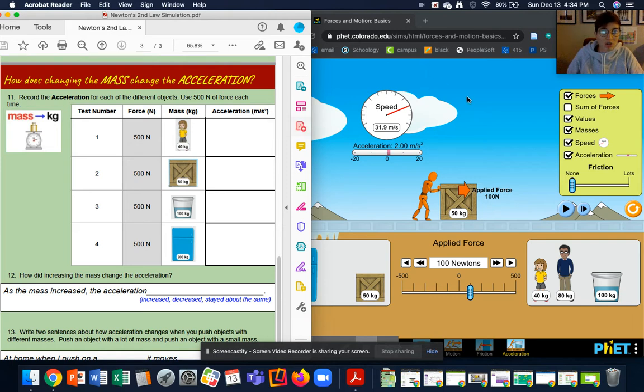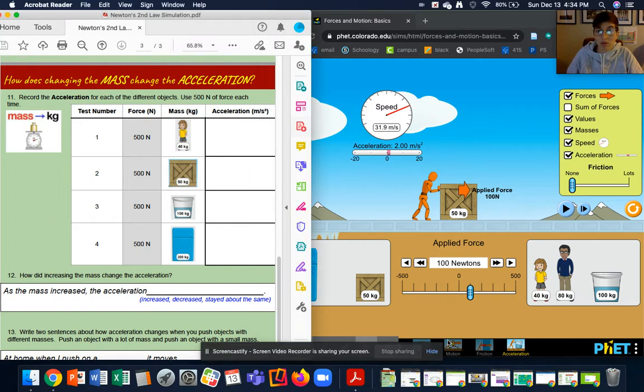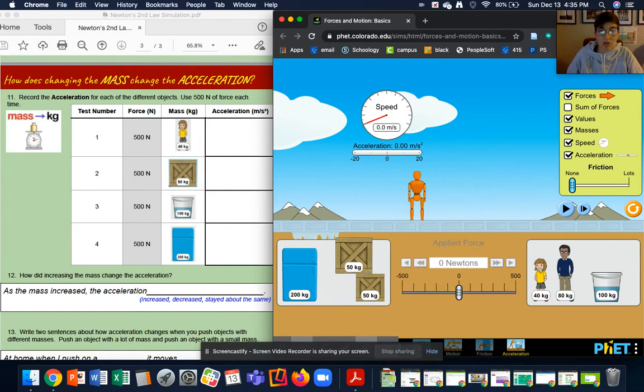Hey, look at that. How does changing the mass change the acceleration? So we're going to go back to our simulation here, okay? And we want to test this by keeping our force the same this time and changing our mass. Last time we kept the mass the same and we changed the force. Okay, so our mass over here, we're going to adjust our object. Okay, so we want 500 newtons of force. Okay, and the first object we want to use is this person here.